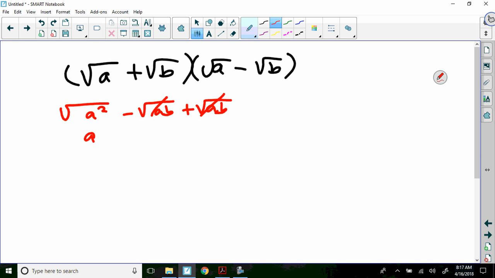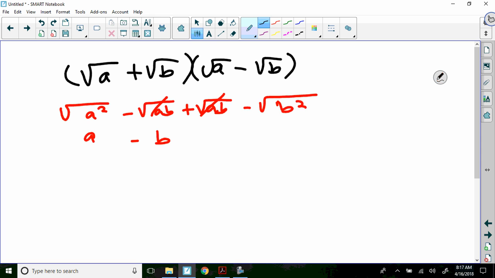And then on the end, it's going to be minus rad b times rad b, or rad b squared, minus b. So if you multiply a binomial radical expression by its conjugate, the product is no longer irrational.